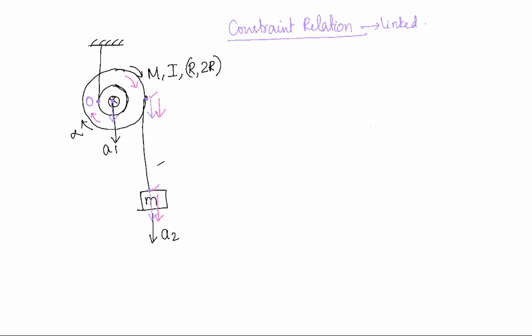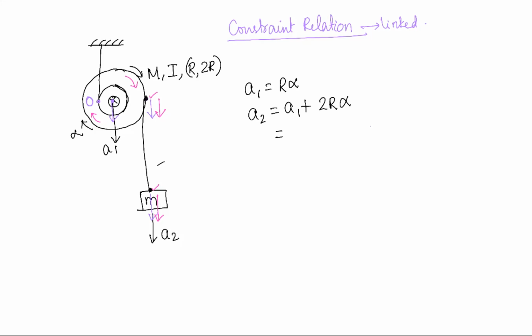करके लिखते हैं. सबसे पहला रिलेशन ये है कि A1 is falling because of the purple arrow, because of the rotation of the cylinder. So that is simply R into alpha. This point over here at the edge is going to fall with the same acceleration as this point, which is A2. So A2 is equal to center of mass का जितना भी acceleration है, which is equal to A1, that is the purple arrow, plus pink arrow, which represents the rotational motion of the cylinder, so that is 2R into alpha.